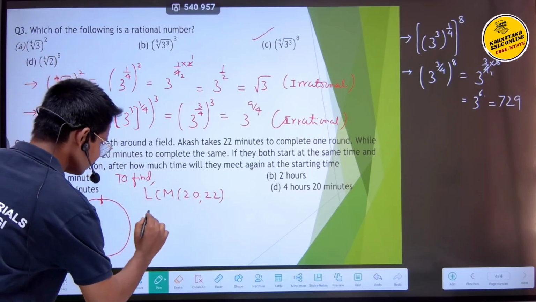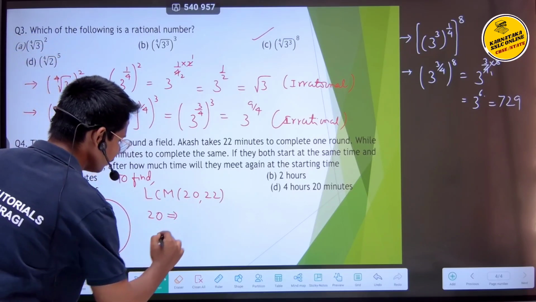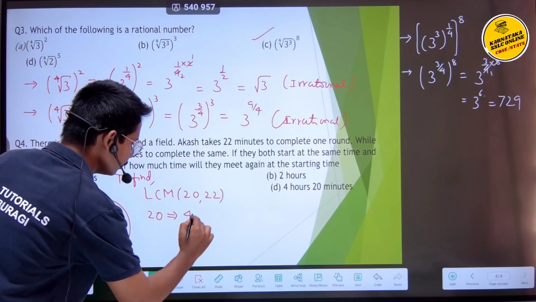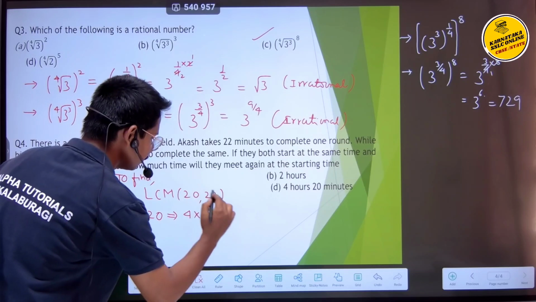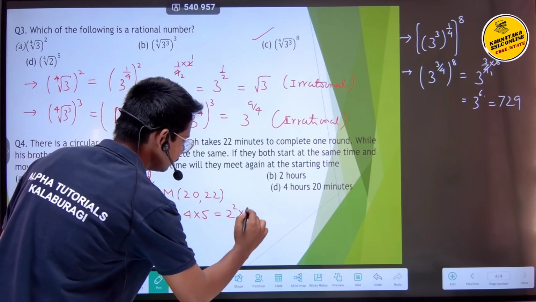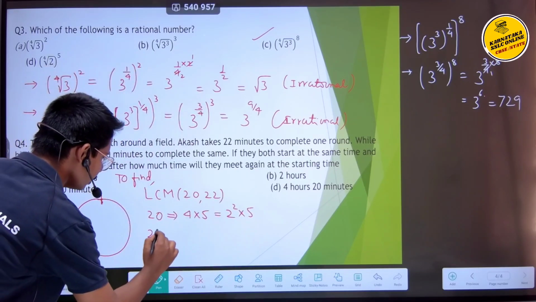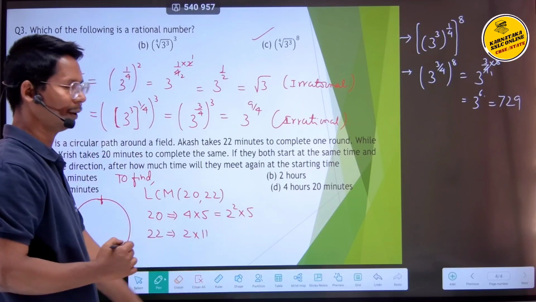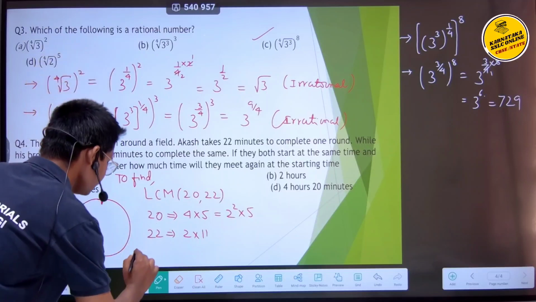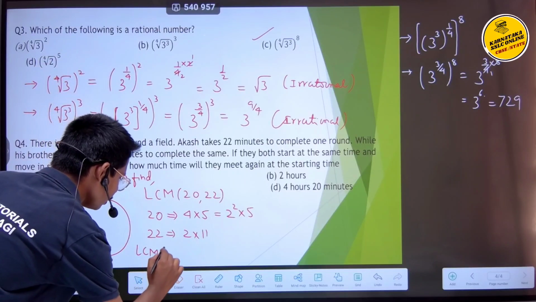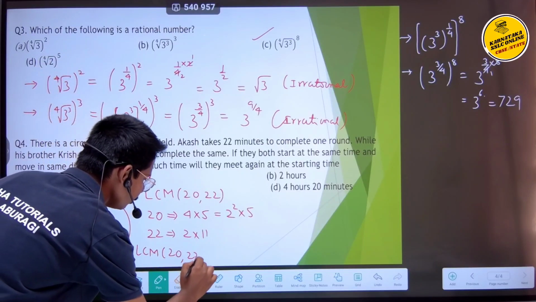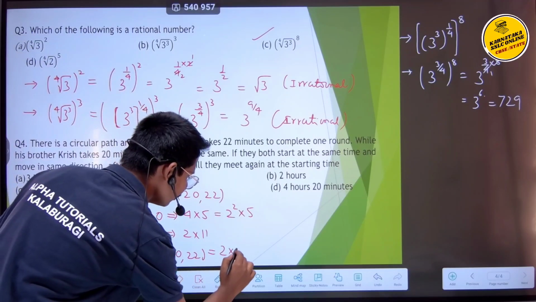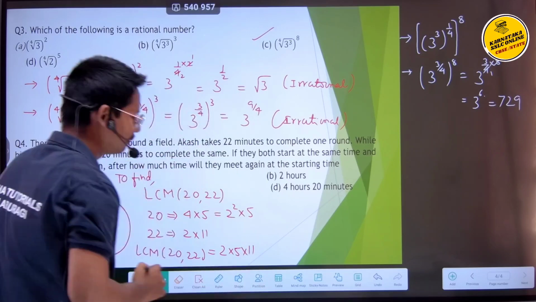So we'll find the prime factors first. Factors of 20: you can write 4 into 5, but further 4 can be written as 2 square into 5. Similarly 22, you can write 2 into 11. Both are prime numbers. Now the LCM of 20 and 22 will be, you have to take all the factors 2, 5 and 11 with the highest degree.